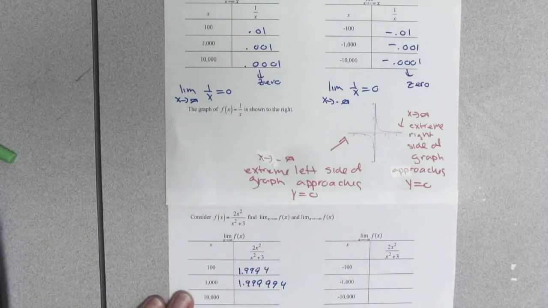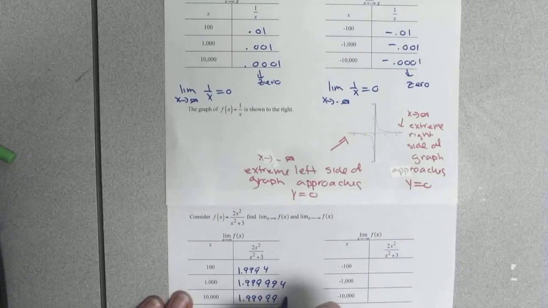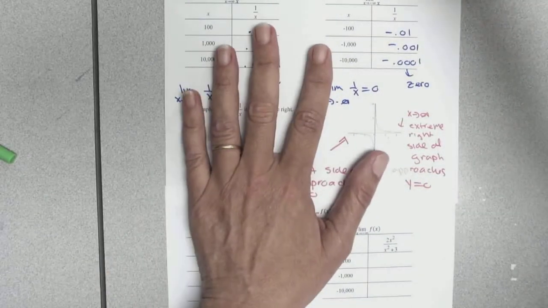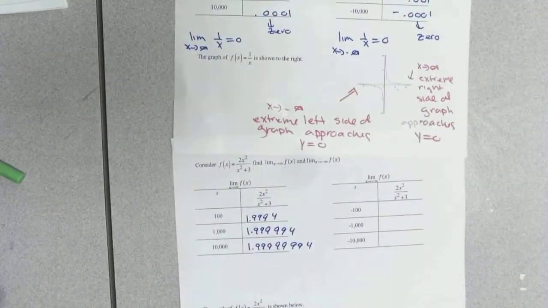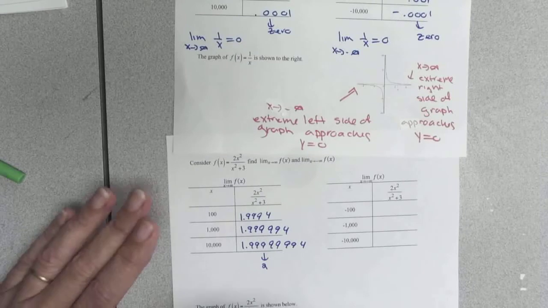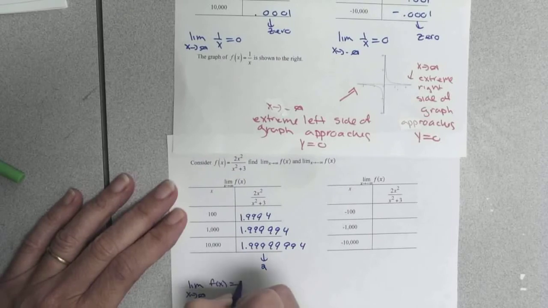And if I plug in 10,000, I'm going to get 1.999994. And if I have the number of nines a little bit off, that's okay. But we see that this is approaching 2. And so we're going to conclude that the limit as x approaches infinity of this guy is 2.